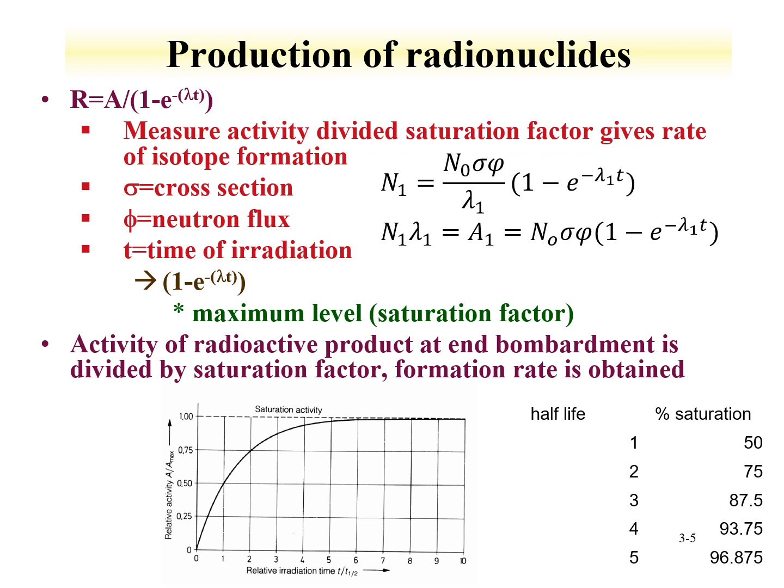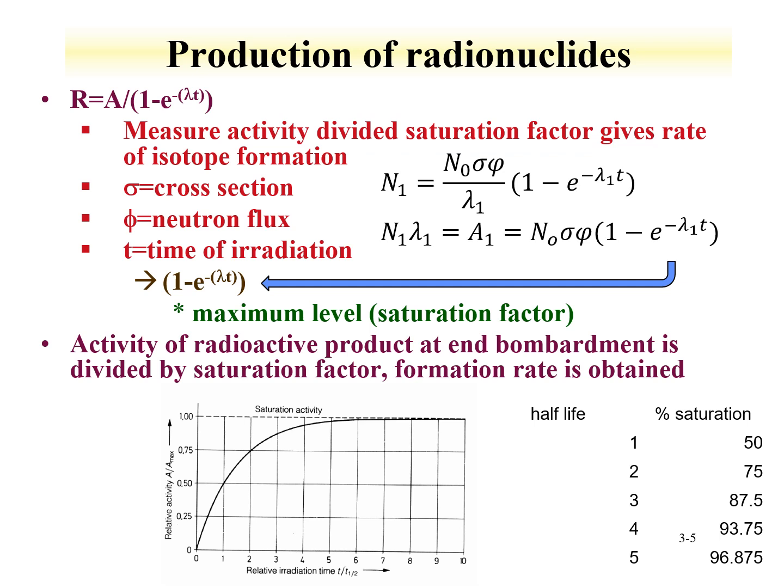If the number of product atoms are known, the activity can be found by multiplying the number of product atoms by the decay constant. And all we need to do is rearrange this equation. The activity of 1 is equal to the initial amount of target times the cross-section times the flux, same equation as we used in the previous page, multiplied by 1 minus e to the minus lambda 1t. So this is the decay constant of the isotope that you're producing.